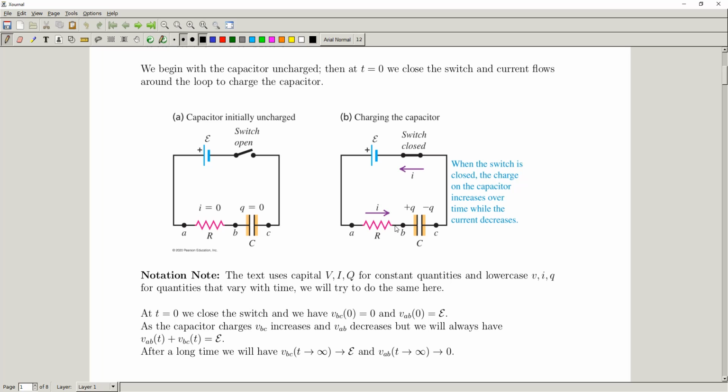So quick note before we get into looking at these systems, quick note on notation. The text uses capital V, I, and Q as we've been using so far for constant quantities, okay? It also uses lowercase v, i, and q for quantities that are changing in time. Okay, and we're going to do the same thing here. I'm going to try to do that also, and as I use these lowercase quantities, I'm going to also put functional notation around it.